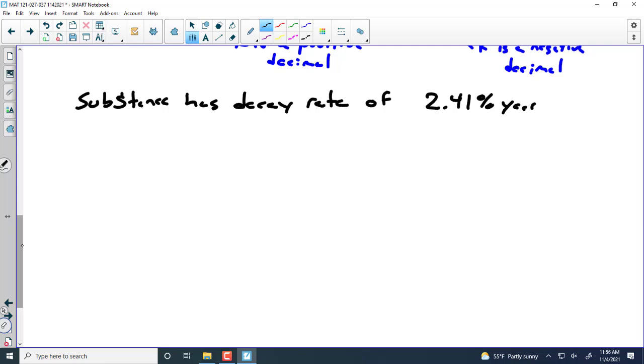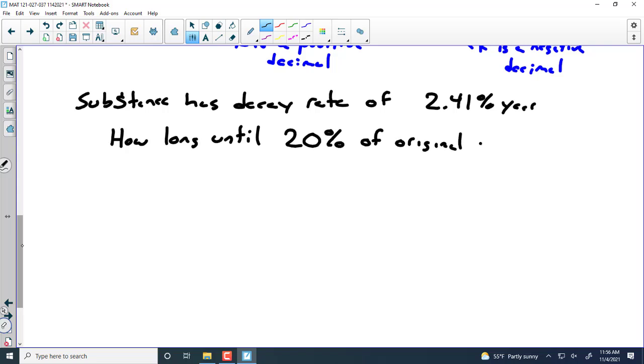And you get a question that looks like this: How long until 20% of the original amount remains. So they're not just asking for the half-life, they're asking how long until you're down to 20%.